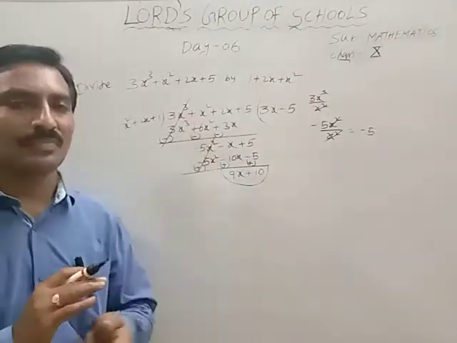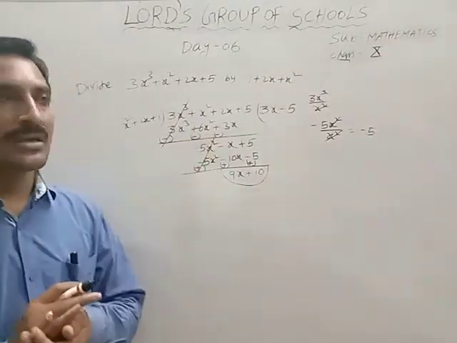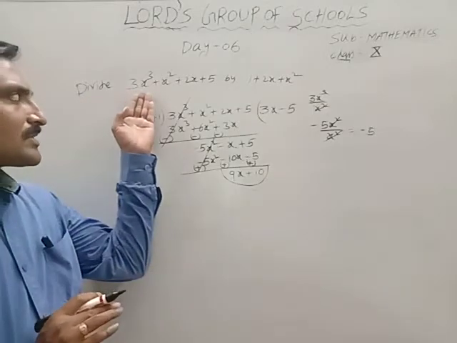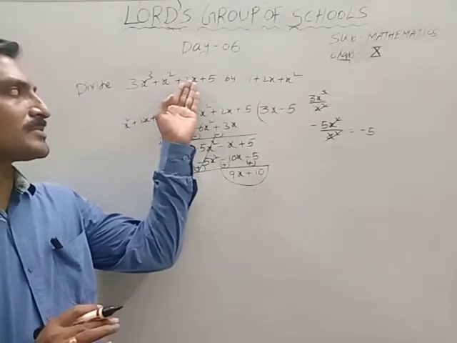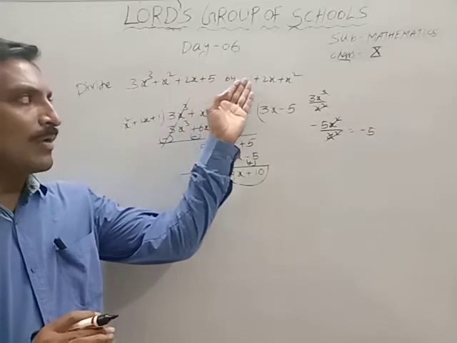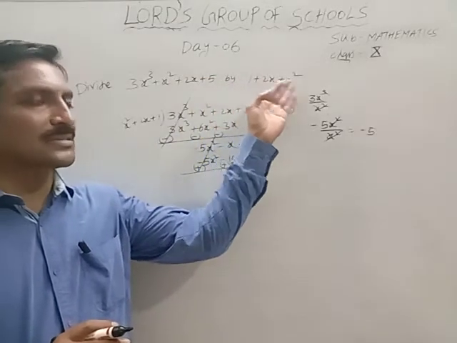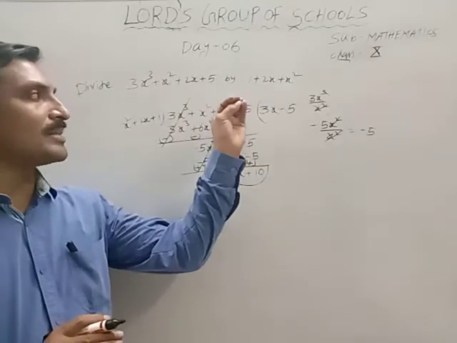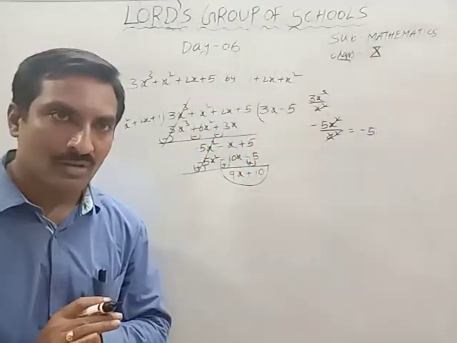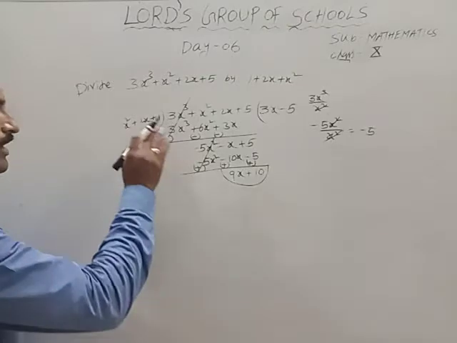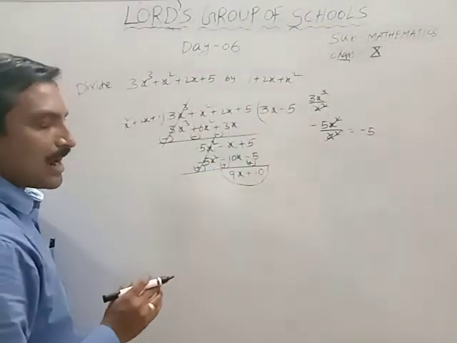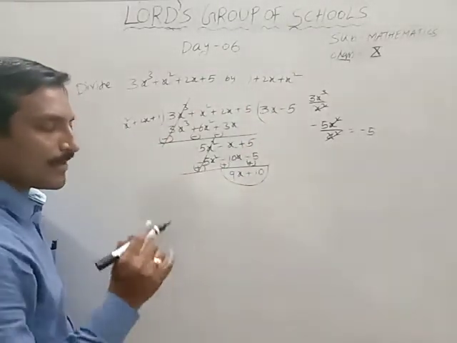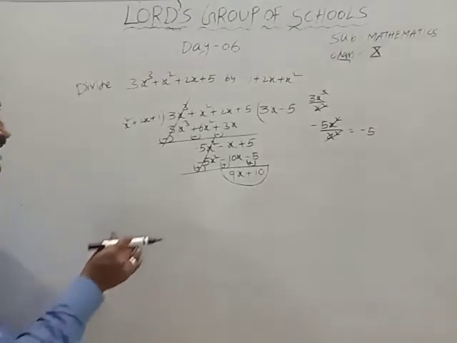This is the division. In some cases, you are asked to divide 3x cube plus x square plus 2x plus 5 by 1 plus 2x plus x square, and also verify the division algorithm. So you have to complete the division, and after completion of the division, do the verification.